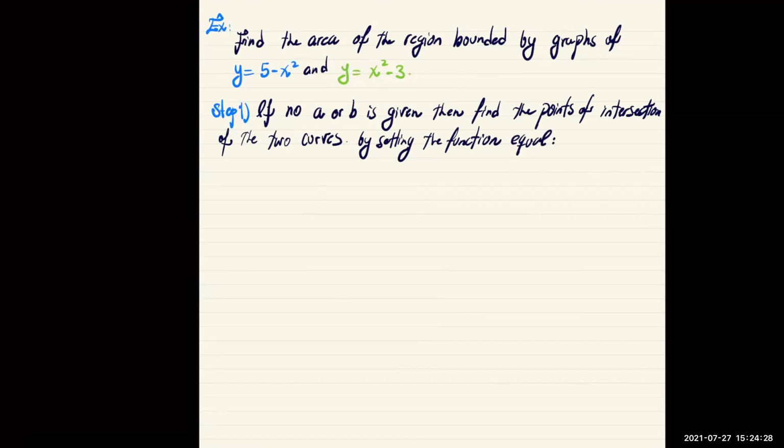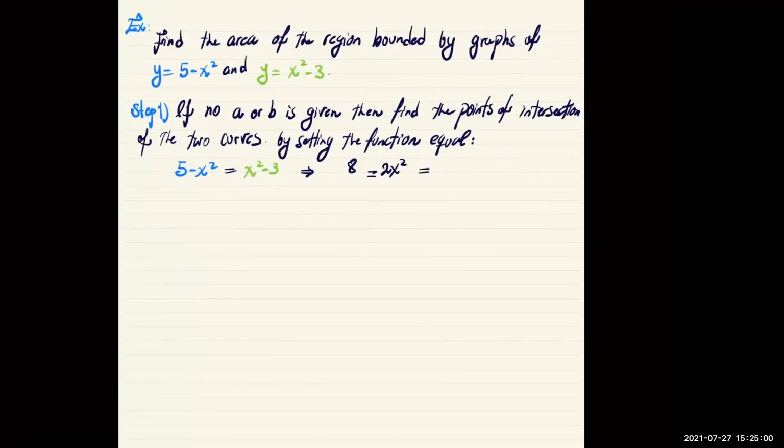So we just do 5 minus x squared equal to x squared minus 3. This gives you a fairly simple quadratic equation. It's not that bad to solve. Move the x squares to the right, you get 2x squared, and move the negative 3 over, it becomes 5 plus 3, which is 8.